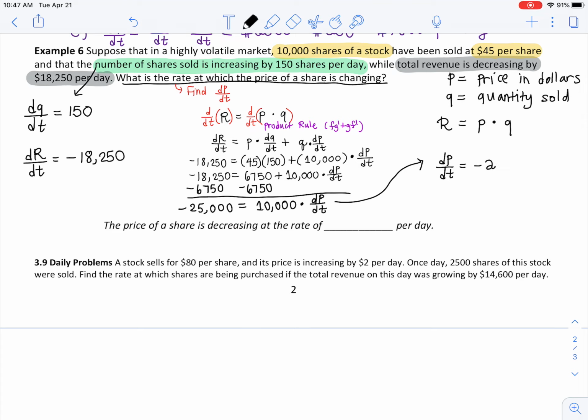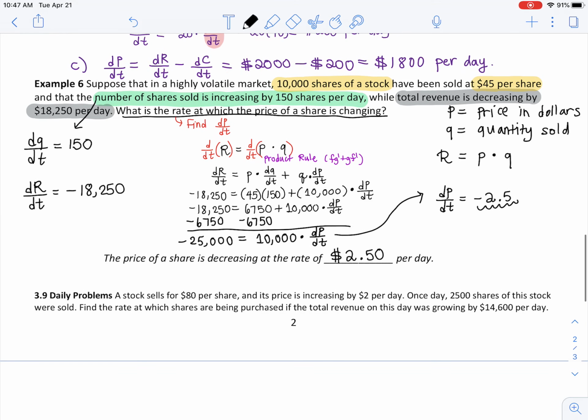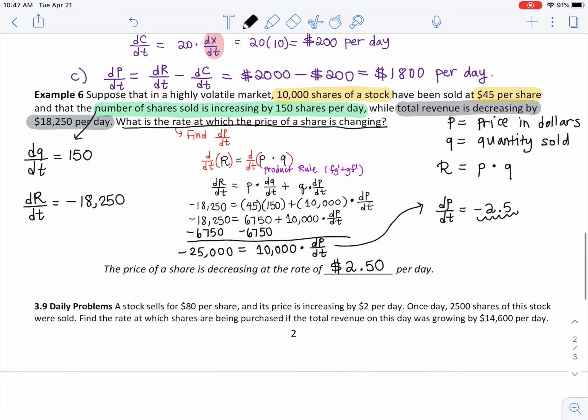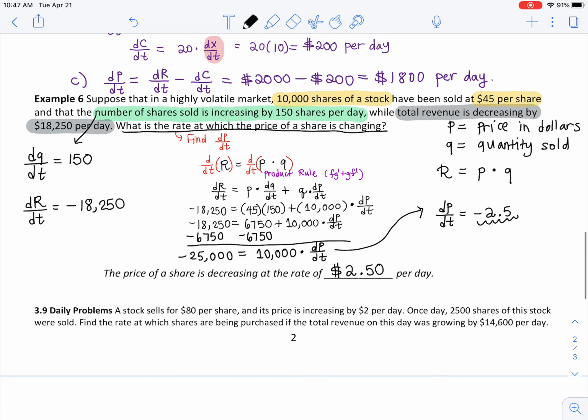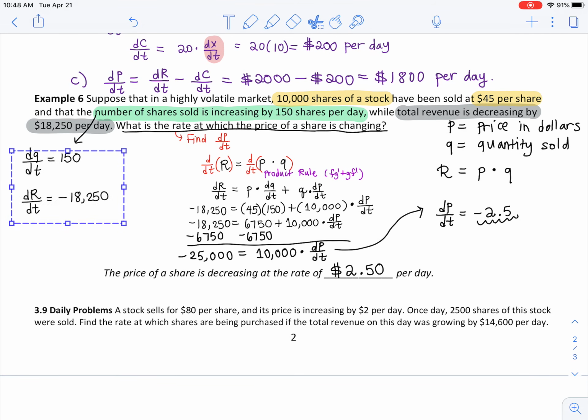So finally, if you divide both sides by 10,000, dP/dt, the change in share price, is negative 2.5. So what we can say is we found the answer. Thus, the price of a share is decreasing at a rate of $2.50 per day. That is it. Whew, that one was kind of fun.